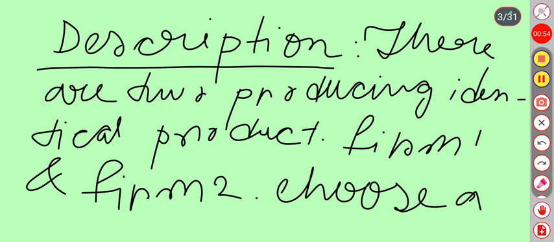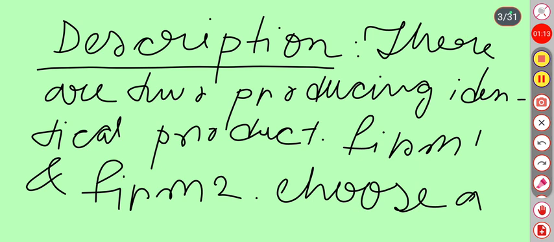Profit pi i depends on the quantity of firm 1 and the quantity of firm 2, and is equal to Qi P(Q) minus Ci. That means total revenue, P times Q, minus total cost.